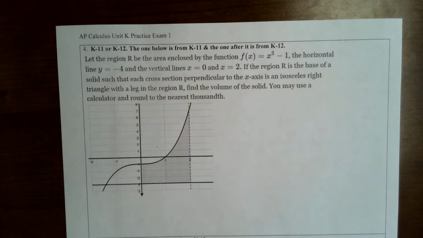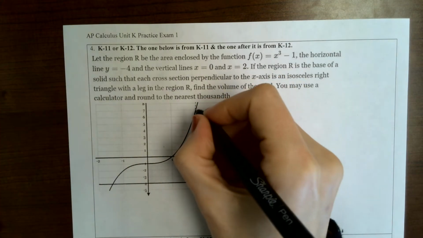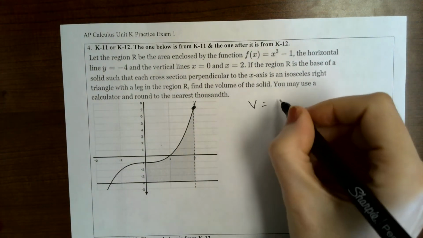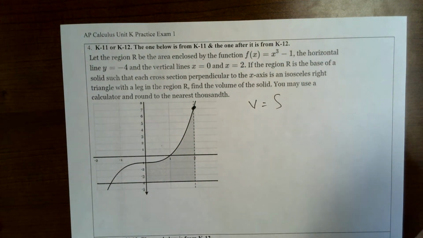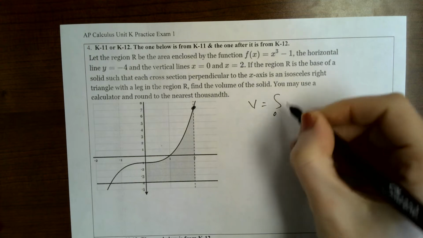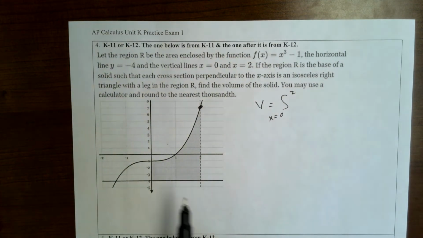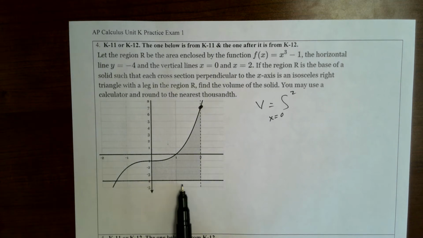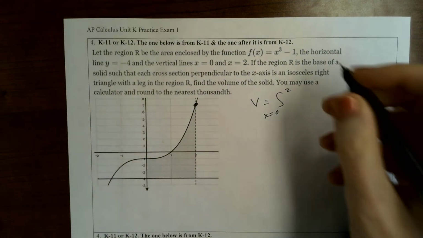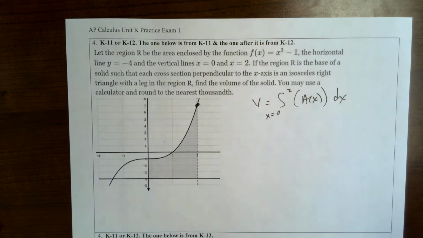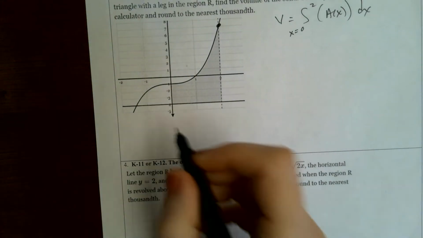All right, so the way that you do this, since we're using vertical slices, the volume is going to be the integral from 0 to 2. All right, this is all in terms of x. Leftmost x is 0, rightmost x is 2. And then we need the area of a cross section with respect to x dx.